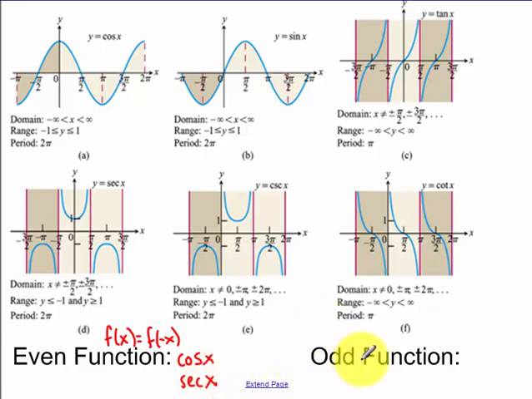Now odd functions are symmetric across the origin, and f of negative x equals negative f of x. So our odd functions are the other ones: sine of x and its reciprocal, cosecant of x, and tangent and its reciprocal, cotangent of x.